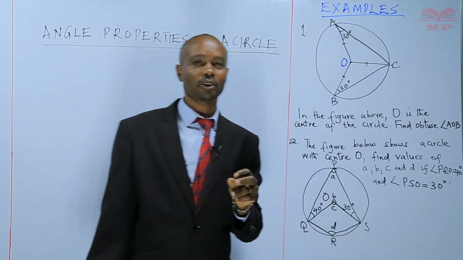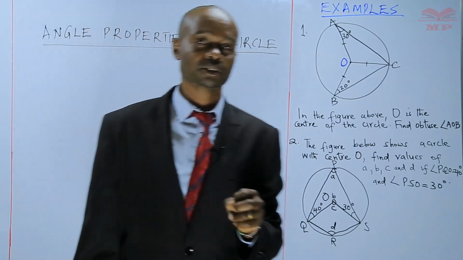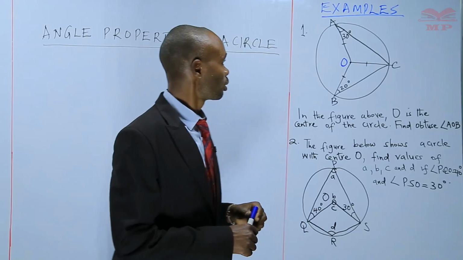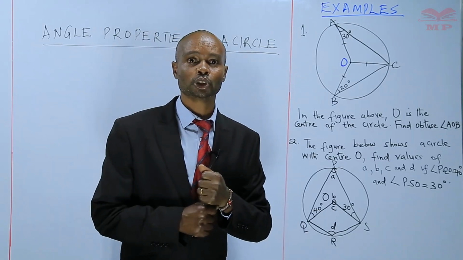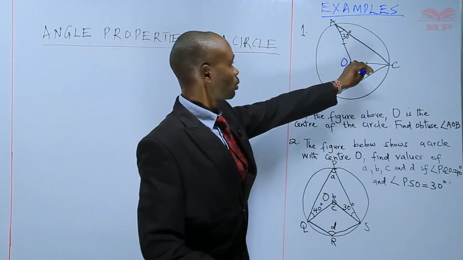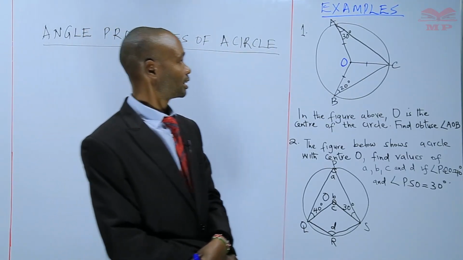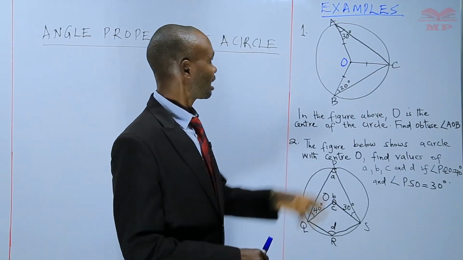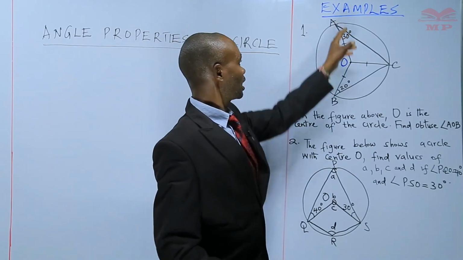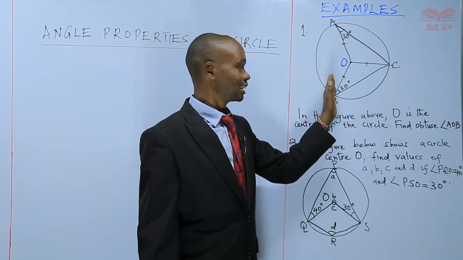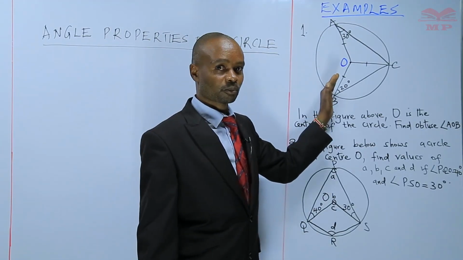An obtuse angle, you know, is greater than 90 and less than 180. So we shall go straight to what we want to get. If you look at the example, we have that obtuse angle AOB. And there is a concept highlighted there which you need to know.